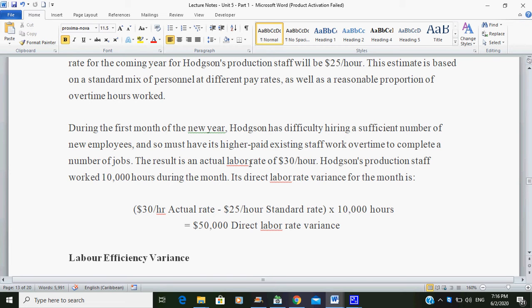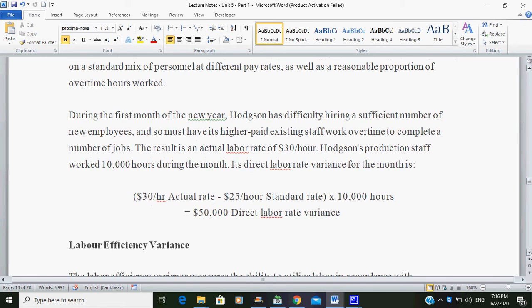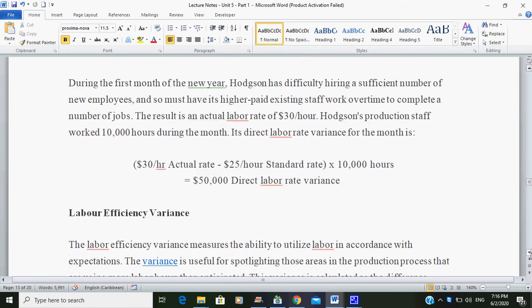Now the labor efficiency variance. The labor efficiency variance measures the ability to utilize labor in accordance with expectations. The variance is useful for spotlighting those areas in the production process that are using more labor hours than anticipated.